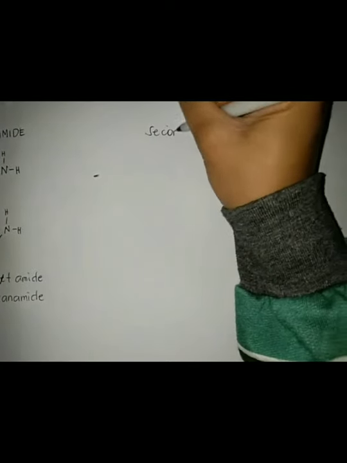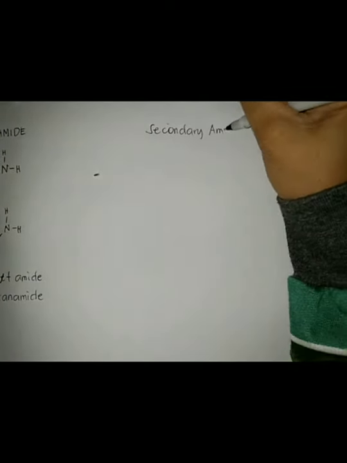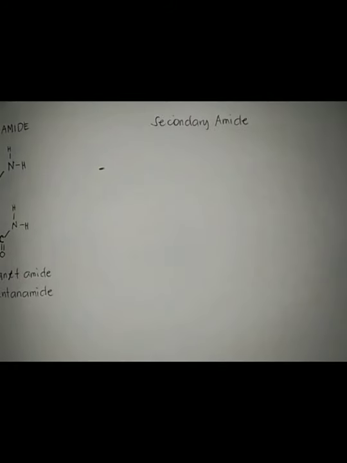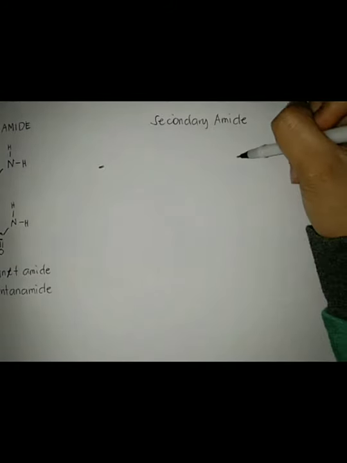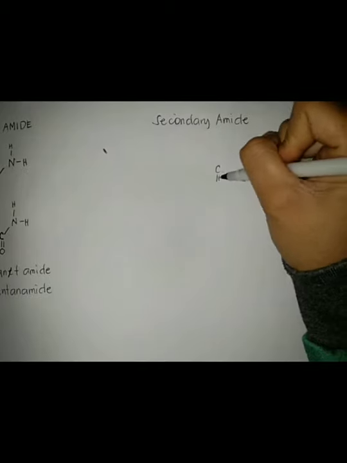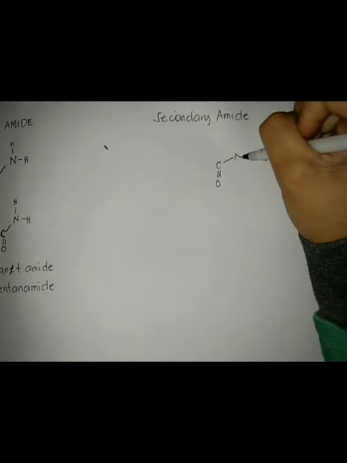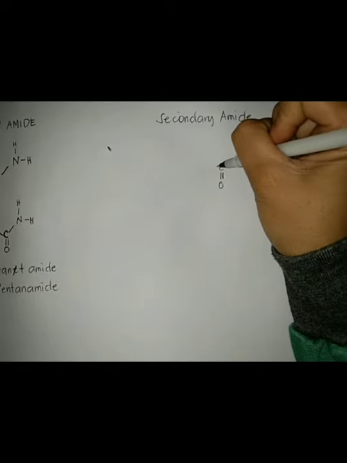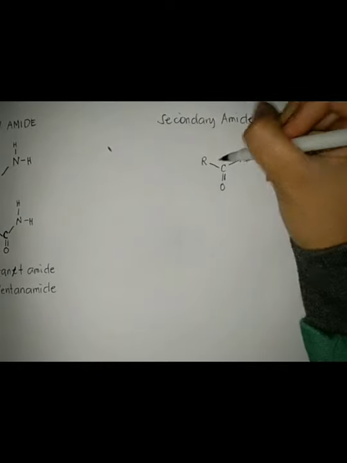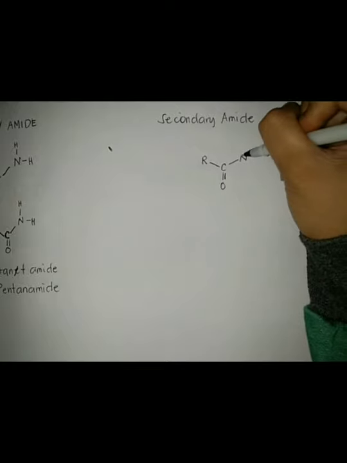So we will proceed to secondary amide. Our carbon is double bonded to oxygen, our carbon is also bonded to nitrogen, and also our carbon is bonded to our R group.